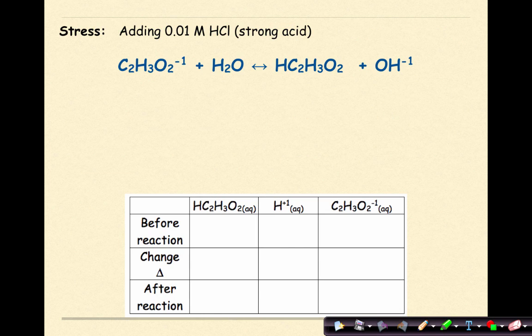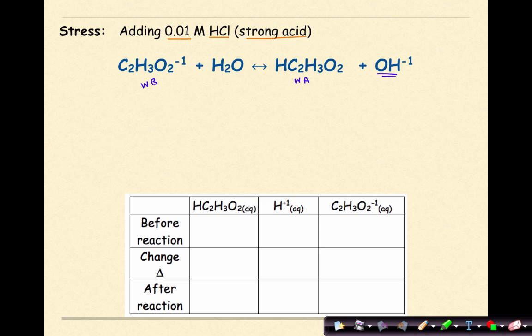So here's my reaction where we have the weak base, the acetate ion, that will accept a hydrogen from the water molecule to form the weak acid, acetic acid, and also form those hydroxide ions. In comes our addition of 0.01 molar hydrochloric acid, which we know is a strong acid.